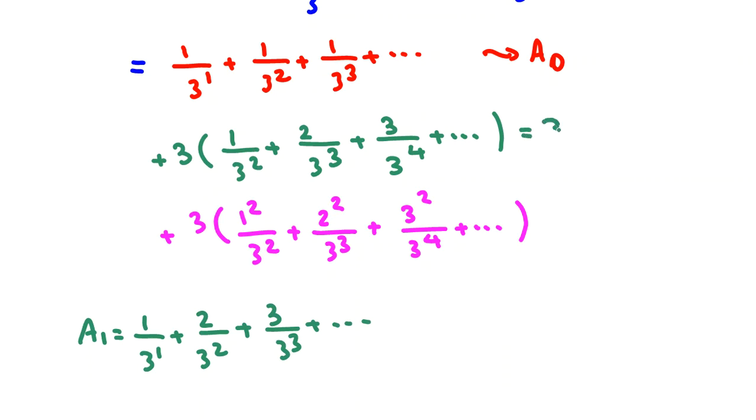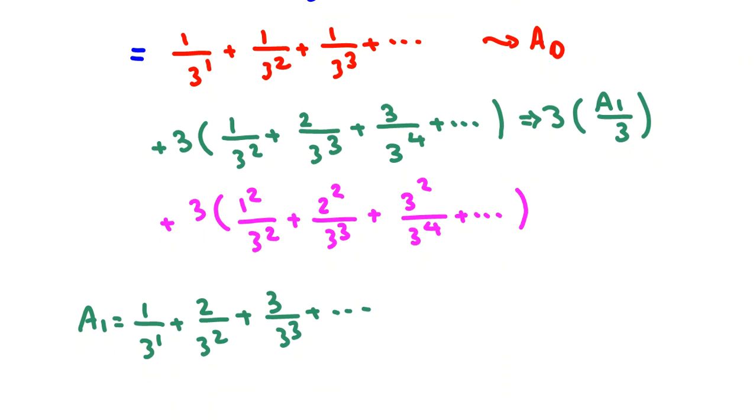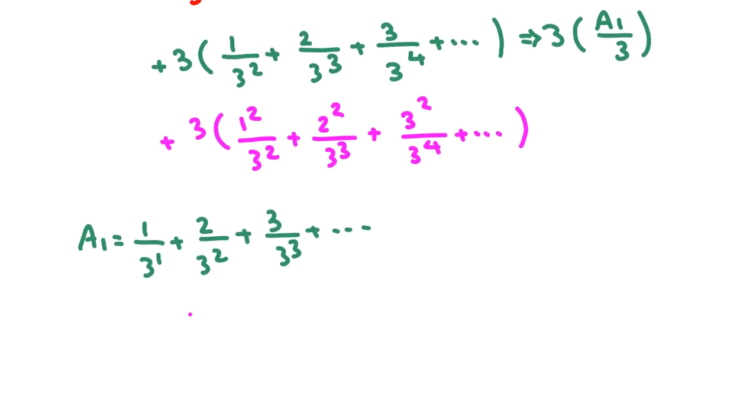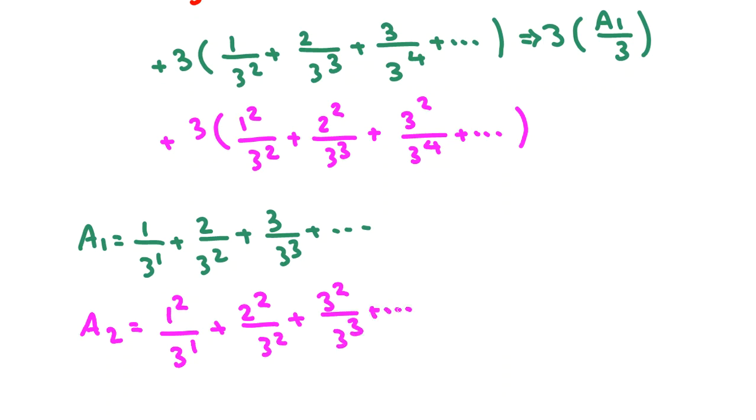So in this part, we have 3, and inside it will be A1 over 3 by this definition. Now, the pink one is related to A2. We know A2 is 1 squared over 3 to the 1, plus 2 squared over 3 to the 2, plus 3 squared over 3 cubed, and so on. So here, you factor out 3, and inside this part it is exactly A2 over 3.